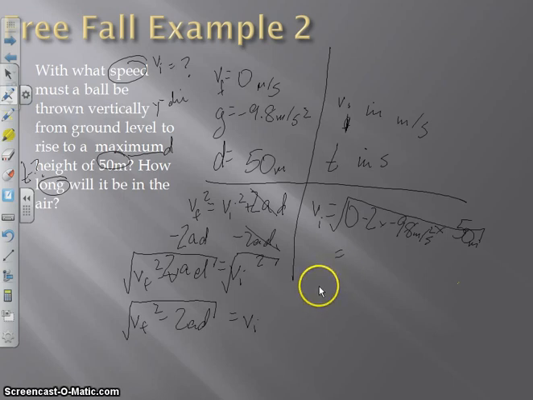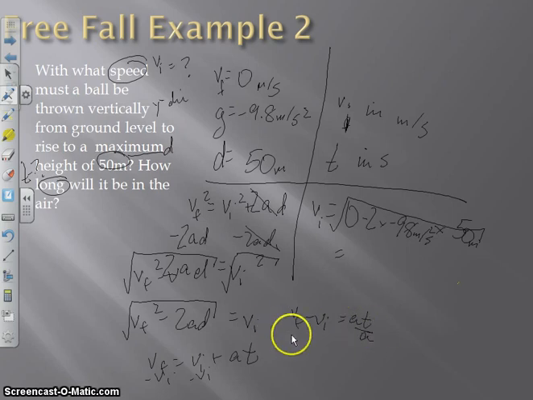So now that we have initial velocity and we have final velocity, you can use those to get your time. Just getting acceleration and time by itself, we've got to subtract initial velocity from both sides. You'll end up with, let me move over here where we have a little bit more room, final velocity minus initial velocity equals acceleration times time.